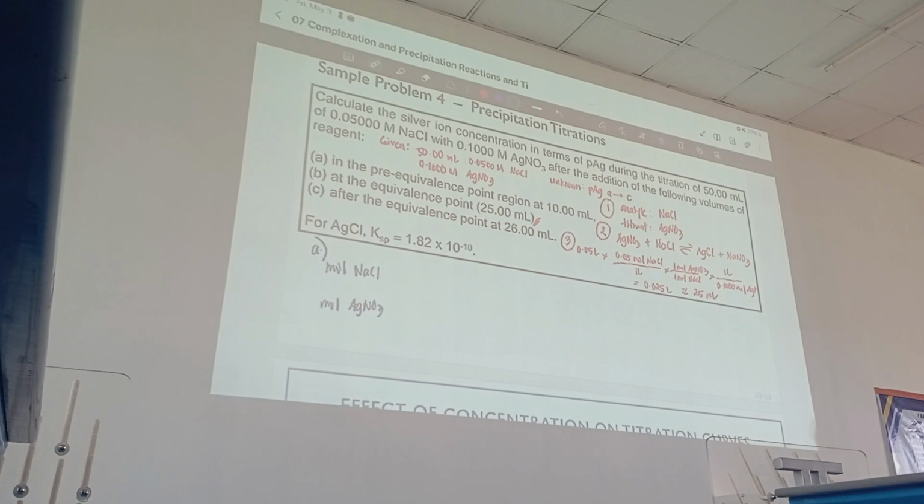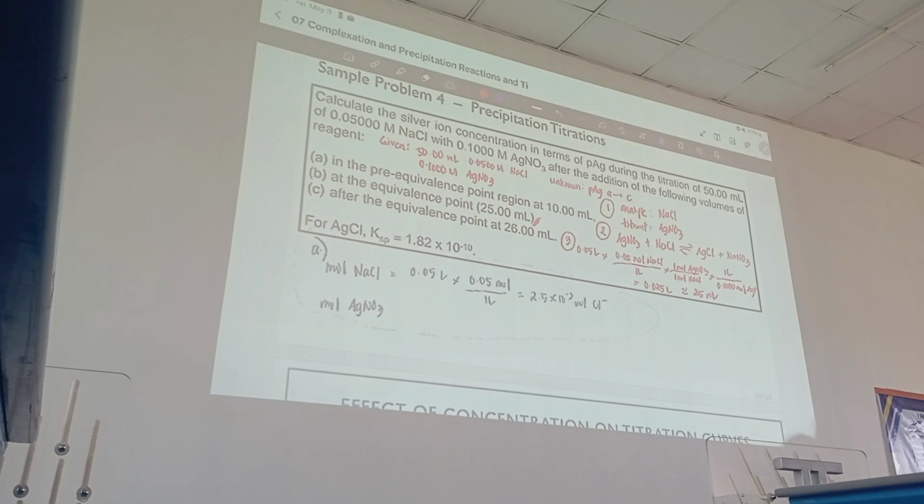Okay? O, bilang moles ng NaCl. You have 0.05 times 0.05 moles per 1 liter. Ilang moles in NaCl? You have 2.5 times 10 to the negative 3 moles of Cl.